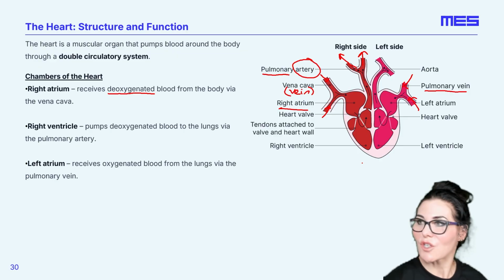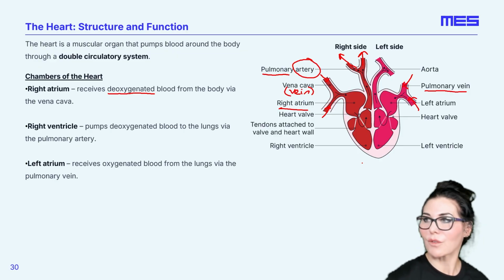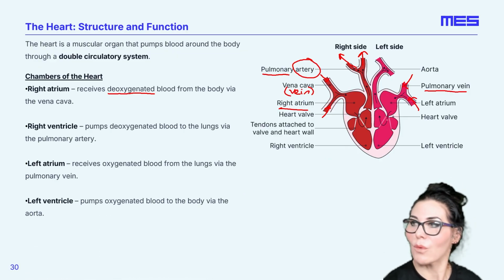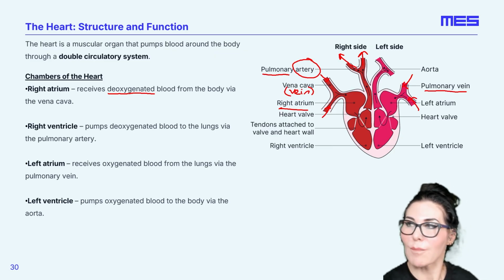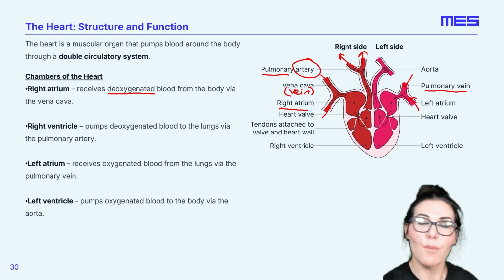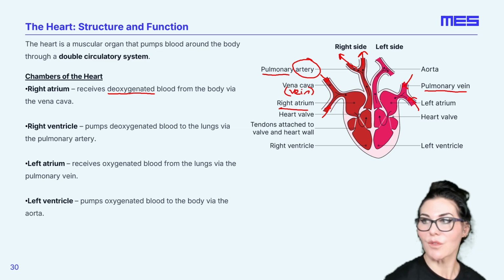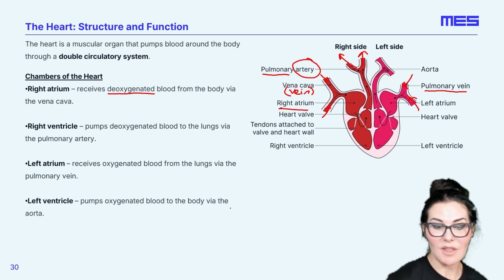So the left atrium is receiving oxygenated blood from the lungs via the pulmonary vein. The blood is then pumped down into the left ventricle, and the left ventricle is responsible for pumping that blood up and out into the big major artery of our body called the aorta, and the aorta then takes that blood off to all the different parts of the body, i.e. the systemic circulation.